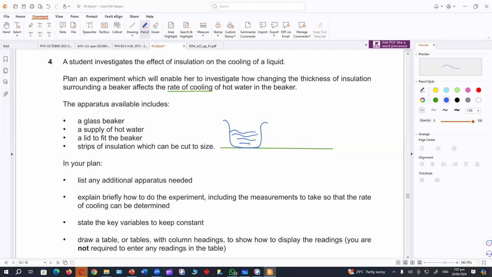Thermometer and ruler. Do you think a ruler is better, or should I refer to a vernier caliper or something like that? Because insulation is not going to be very thick.